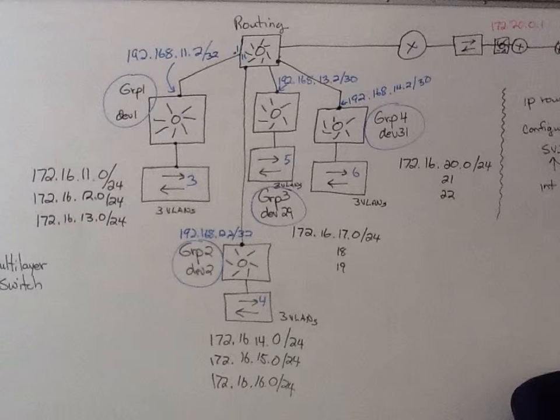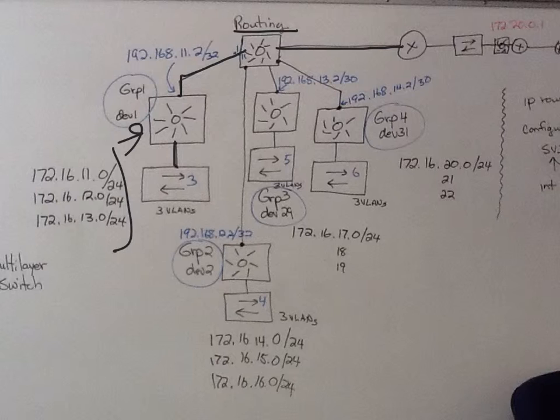So this was the inter-VLAN lab. Each group had their own set. They had to set up a trunk, had to set up inter-VLAN routing inside their multi-layer switch, and then these were connected to another multi-layer switch. Eventually we worked our way out to the internet so we could get a true look. Each of the groups configured it based on the different addressing here.